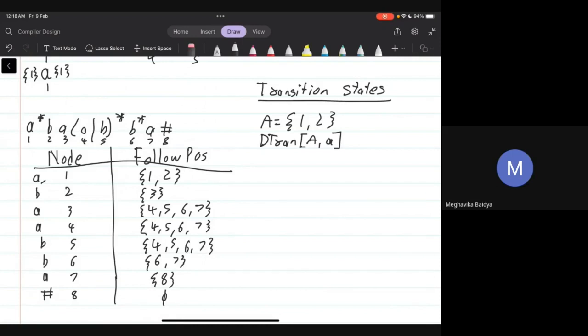The character A. Is there a number or something? No, we have this regular expression, right? What all characters do we have? We have A and B. Hash is not included, so it's only A and B. So A and B will be your input symbols for your DFA.